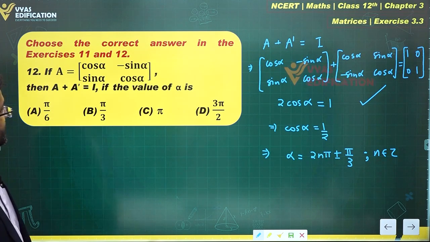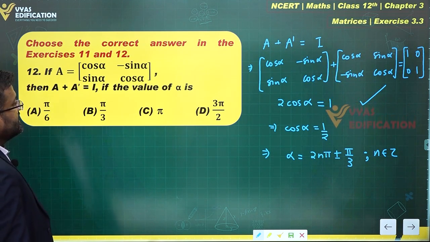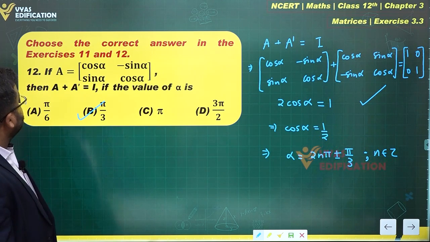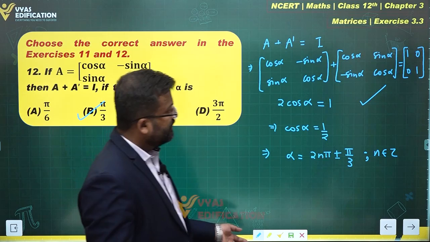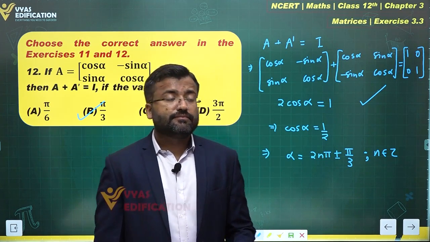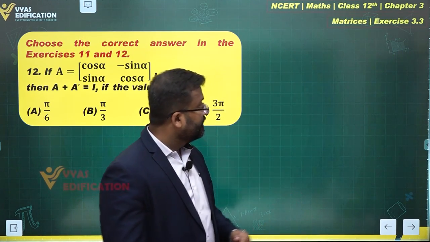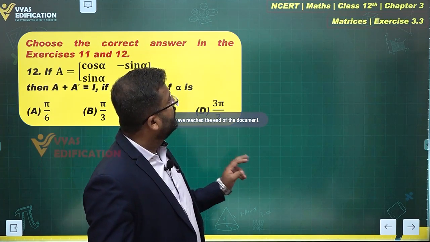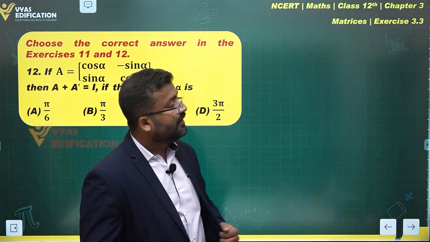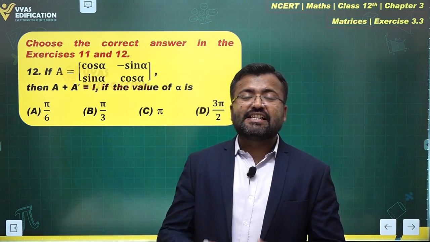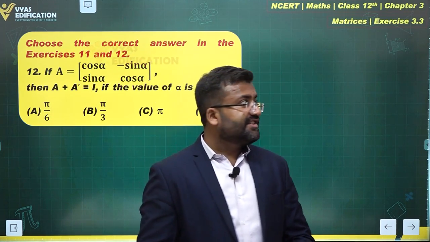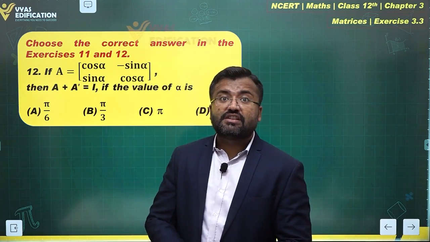So the correct answer is option B, alpha is pi by 3. That is all for this question. And with this we come to the conclusion of this exercise based on matrices. This is exercise 3.3 that we have just discussed with you.